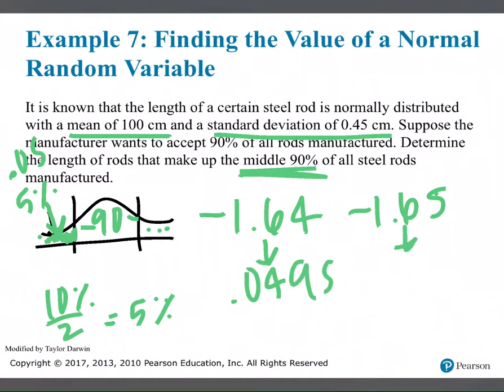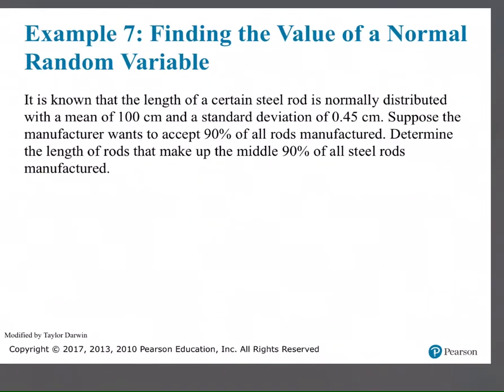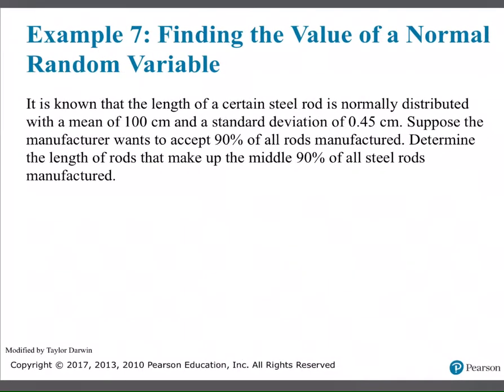And negative 1.65 gives me 0.0505. They're of equal distance to 0.05. When this happens, you need to average these z-scores together. If I average these z-scores together, I will get negative 1.645, and that's my z-score that corresponds with this area. Whoops, sorry, that went away. It's okay.